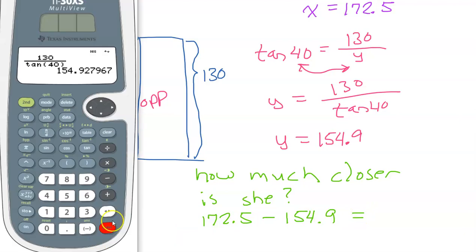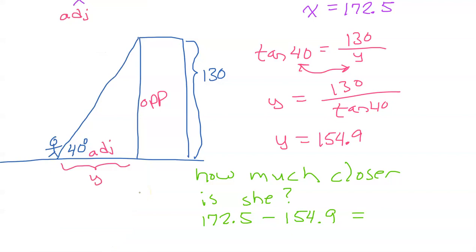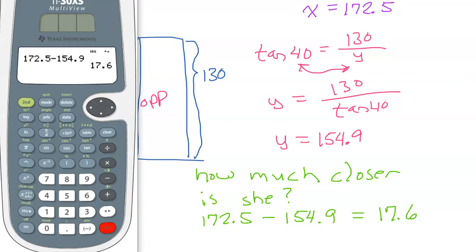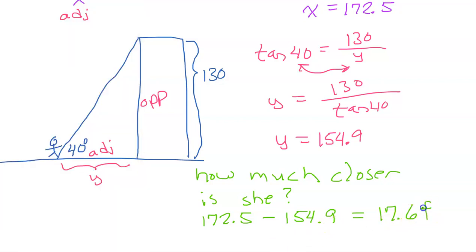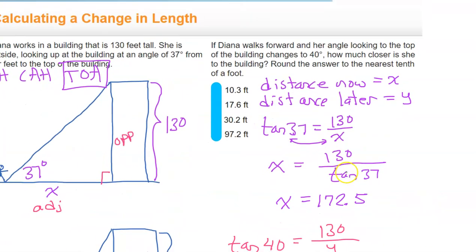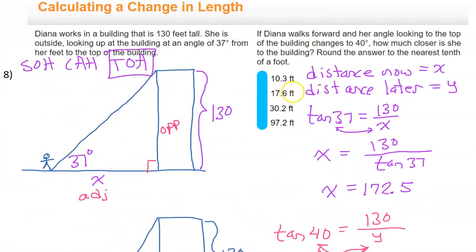And let's just drop that into the calculator. 172.5 minus 154.9. So she is 17.6 feet closer. Okay, so that's going to be the answer right here. Ta-da!